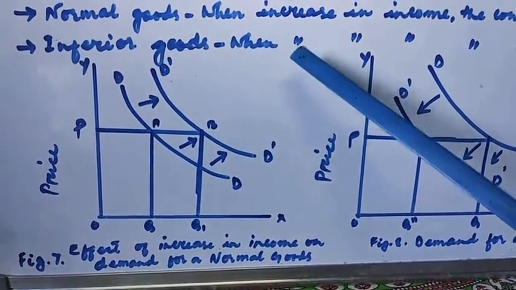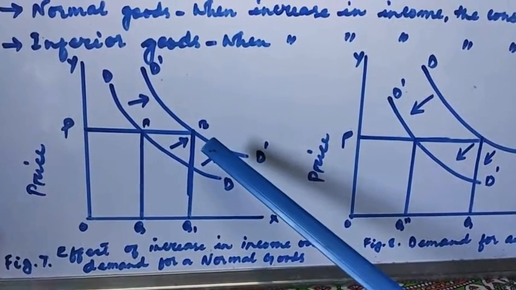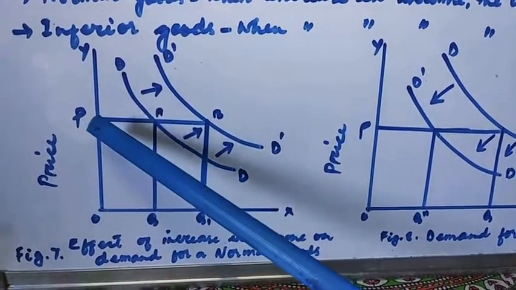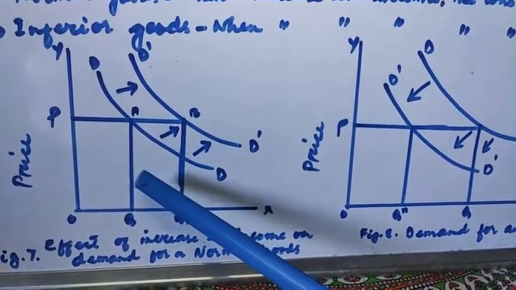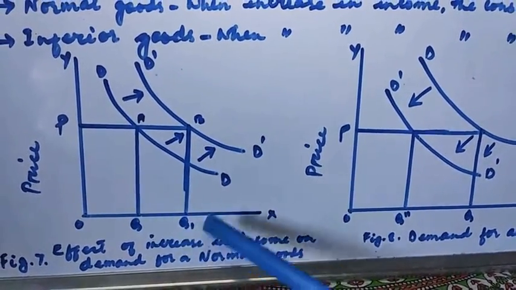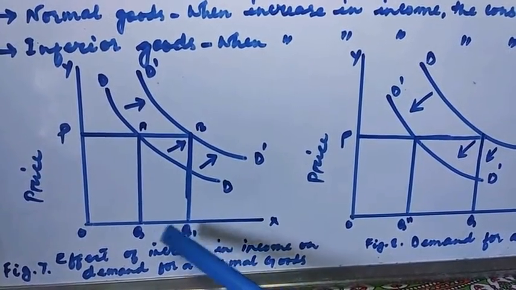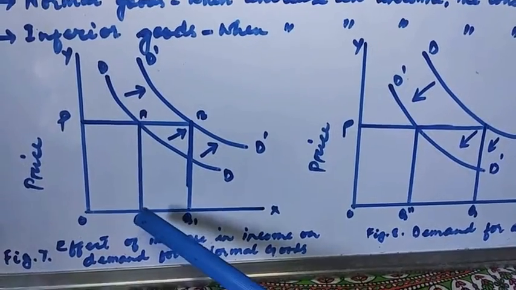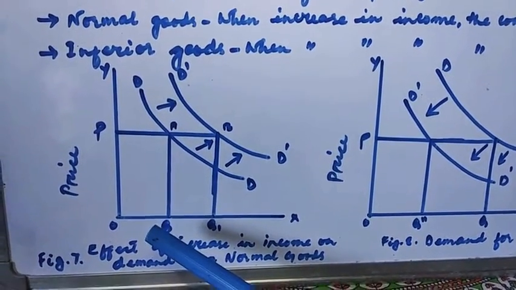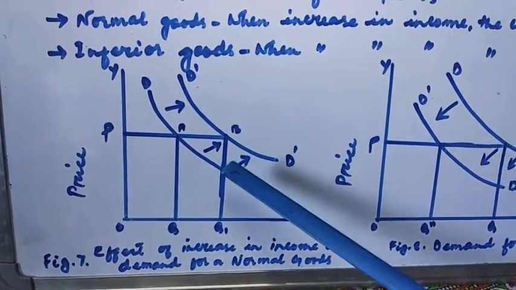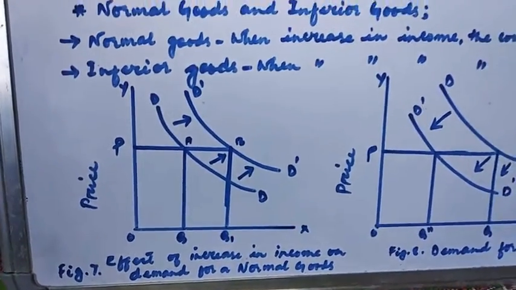Rightward shift would mean at the same price, a consumer is able to demand a much larger quantity than before. So OQ1 is greater than OQ. So in case of a normal good, a consumer is demanding more quantity of the good when income rises.